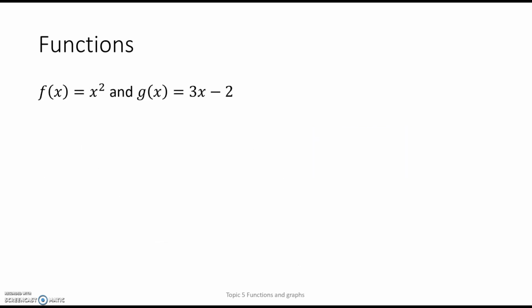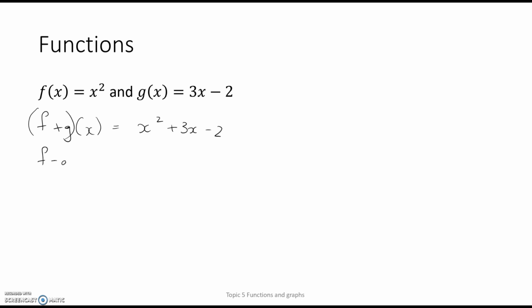In general, though, we can combine functions, we can add them, we can find their sum, we can subtract them, so we can find their difference, we can find their product or their quotient. So let's add them. That would be x squared plus 3x minus 2.